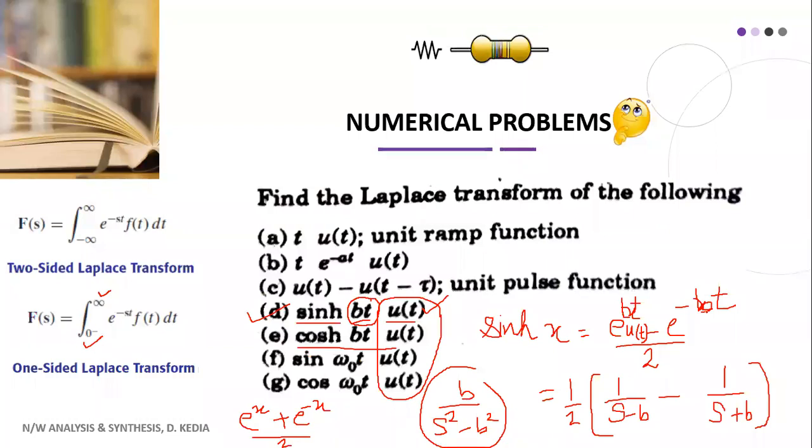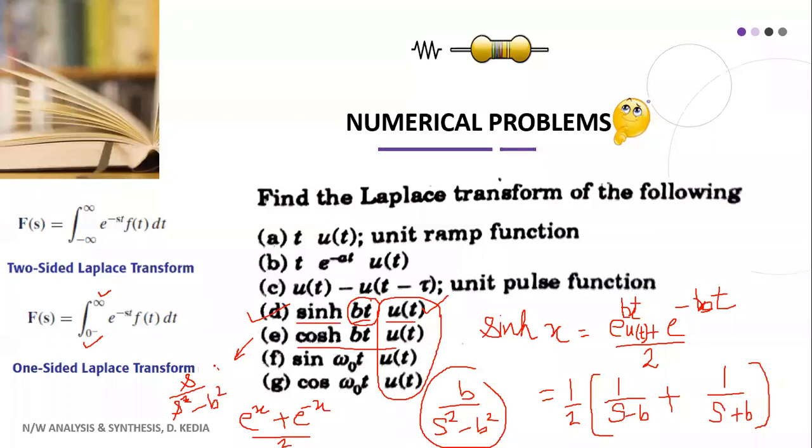If you do that and look at this expression, in a way you can say that this minus will become plus for cos. So then in the numerator b will be cancelled, and your answer for cos hyperbolic will come out to be, instead of b we will have s, so s by s square minus b square.